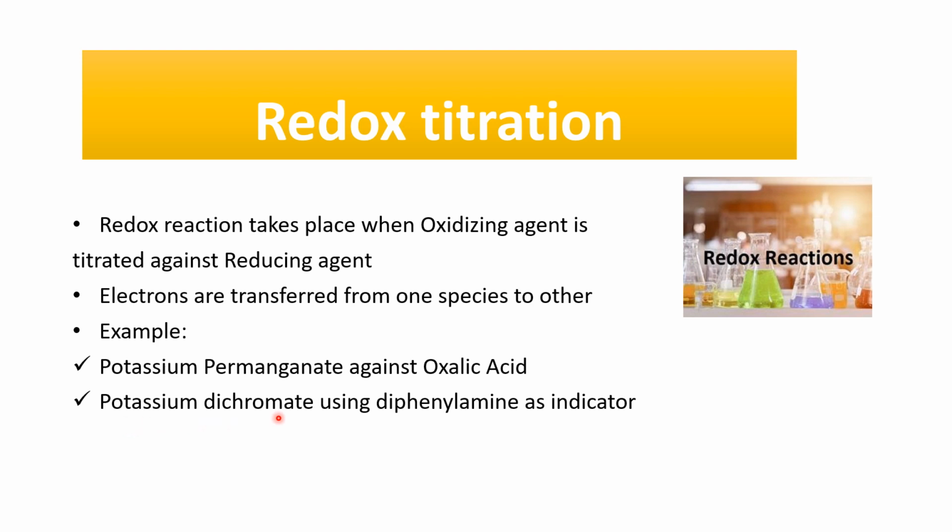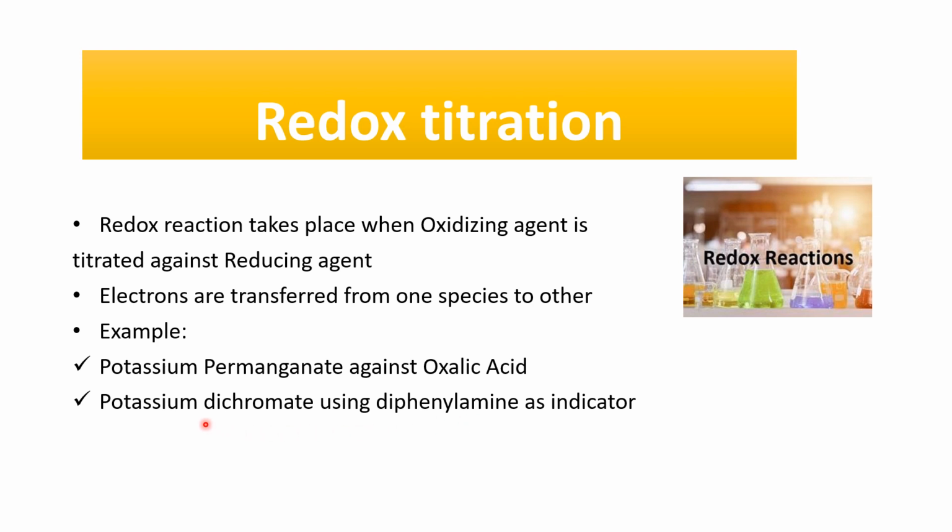The second example is potassium dichromate. You titrate using diphenylamine as the indicator. So diphenylamine is an example of a redox indicator. And why can you use potassium dichromate? Because chromium exists in two different oxidation states, and in these two different oxidation states the color of the diphenylamine indicator would vary in oxidized state and reduced state.